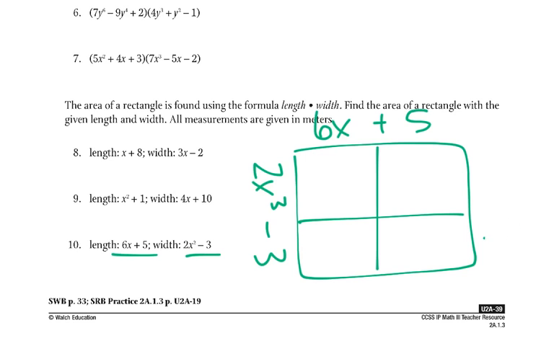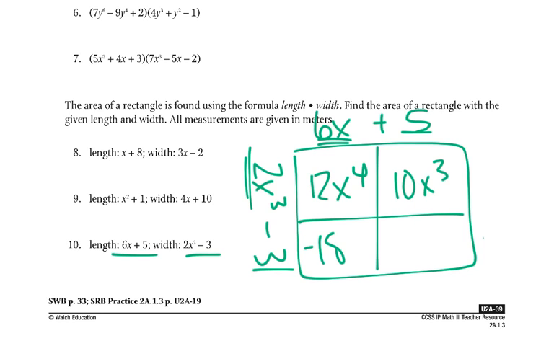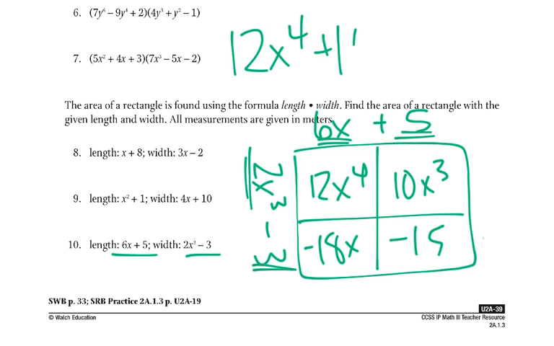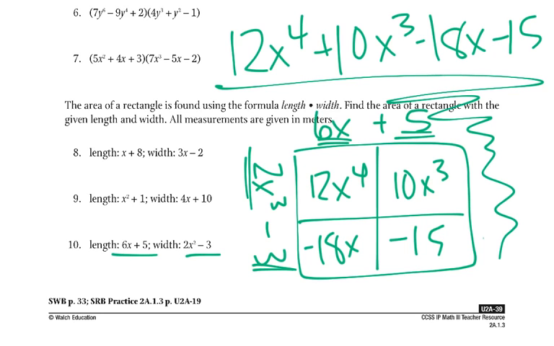So, 2x cubed times 6x would be 12x to the 4th. 5 times 2x cubed, 10x cubed. Negative 3 times 6x, negative 18x. Negative 3 times 5, negative 15. So I write it highest degree, 12x to the 4th, plus 10x cubed, minus 18x, minus 15.